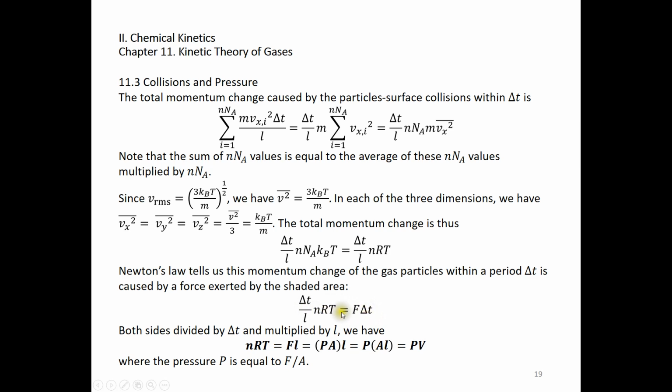Dividing both sides by delta t, we have nRT equals FL. This allows us to determine the pressure, because force is pressure times the area. And now we have nRT equals P times the surface area of A1, the shaded area, times the length of the box. A times L is the volume of the container. Now we have PV equals nRT.